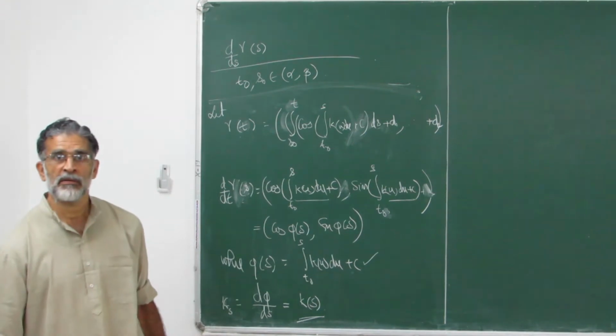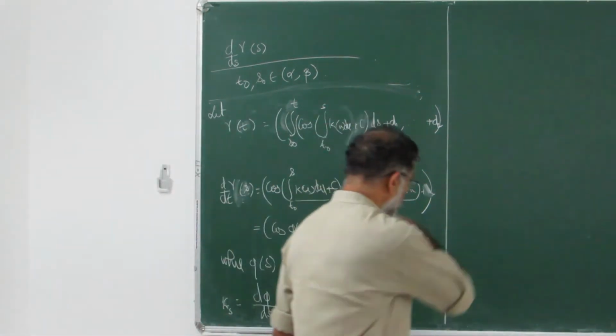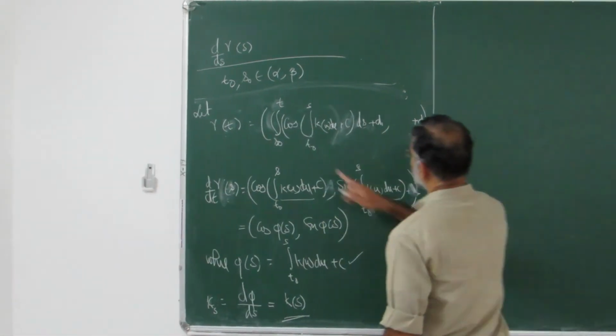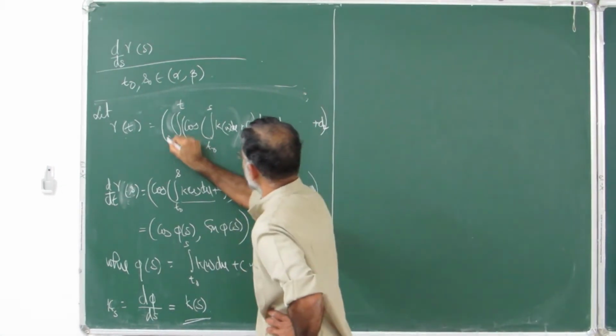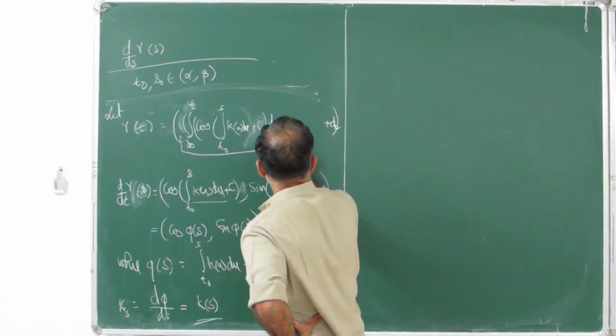If you look at it, what are these constants about? Gamma is written as this expression plus a constant d1.